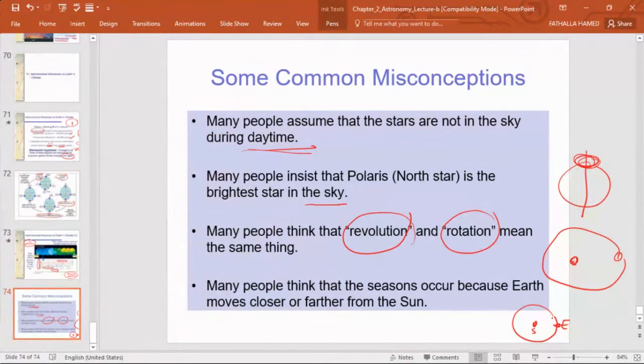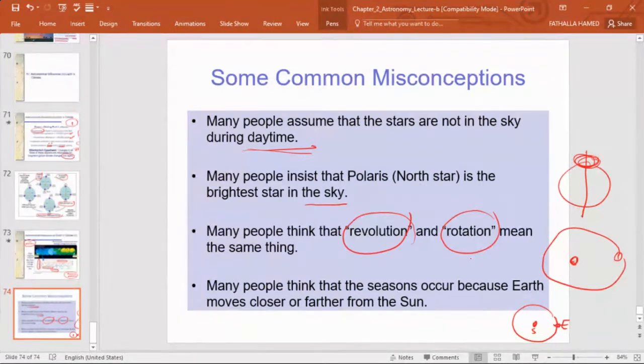I think in Arabic, revolution you can say left, and rotation is dawaran. So you can look at it that way. Even many people sometimes use these words, but these words have really different meanings.